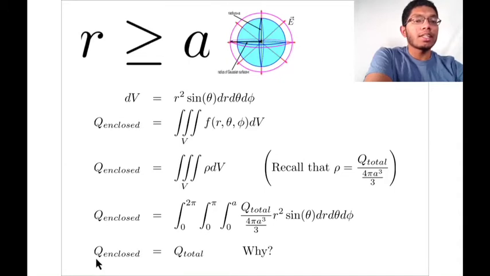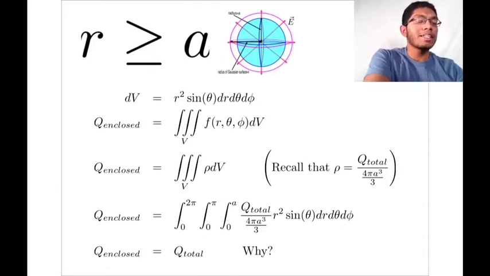And we can find that Q enclosed is just the Q total of this sphere of volumetric charge density. As an exercise, prove to yourself why this is conceptually. Try thinking about the units of rho and V, and try to visualize what this may look like.